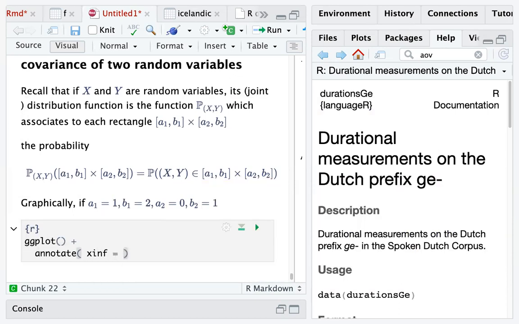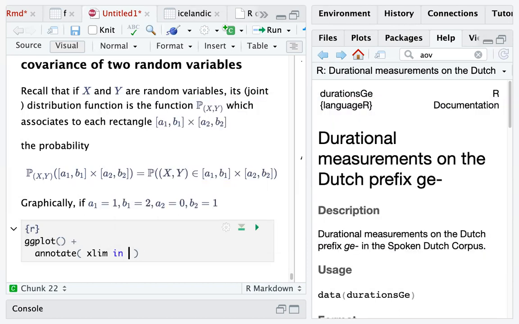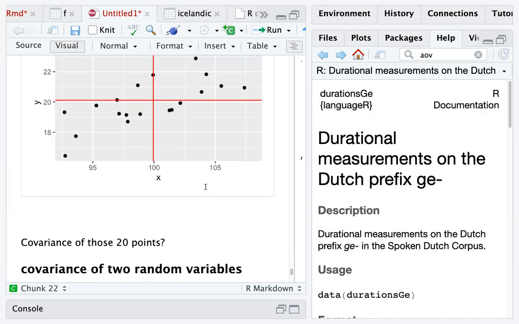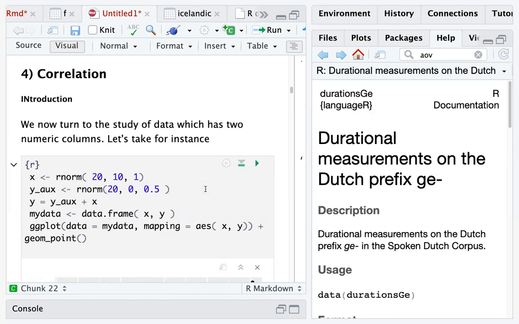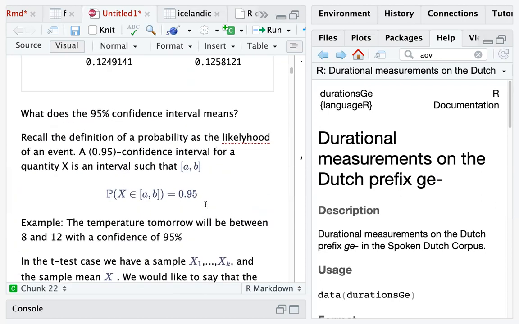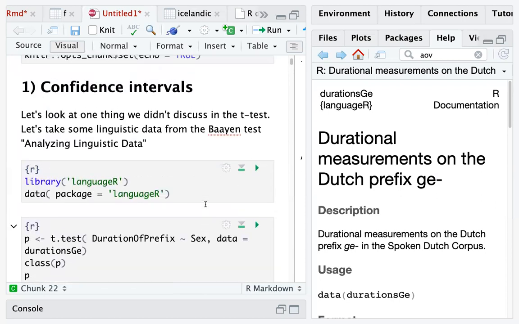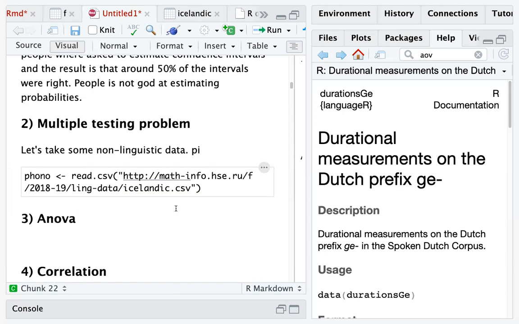I have to remember the syntax of ggplot.